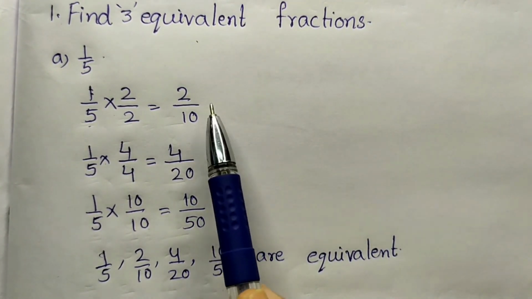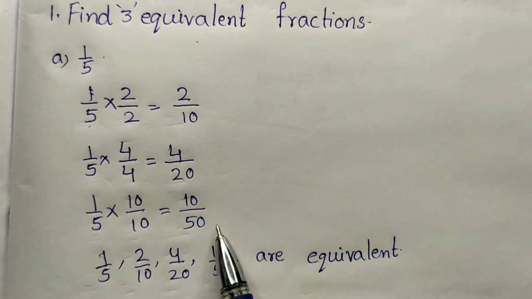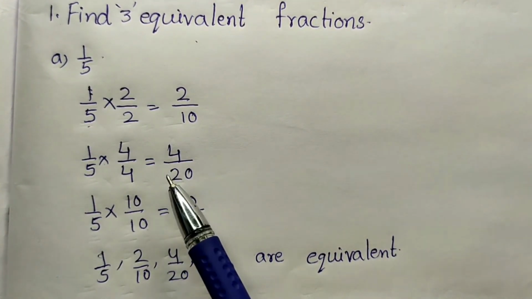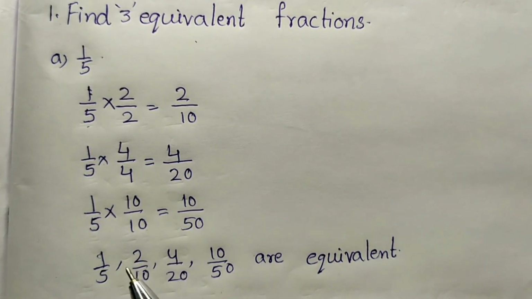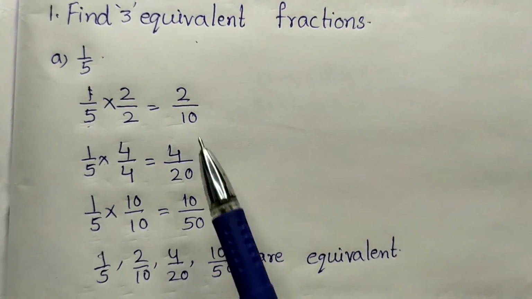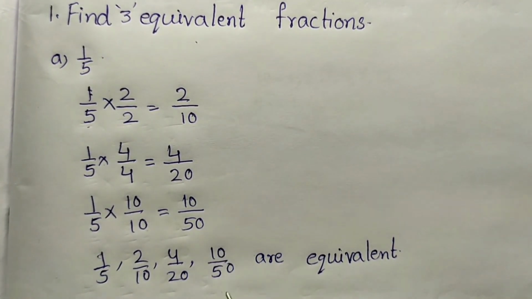So we got these three equivalent fractions for 1/5. We can take any number and multiply the numerator and the denominator with that same number so that we can get equivalent fractions. Here 1/5, 2/10, 4/20, 10/50 are equivalent fractions.